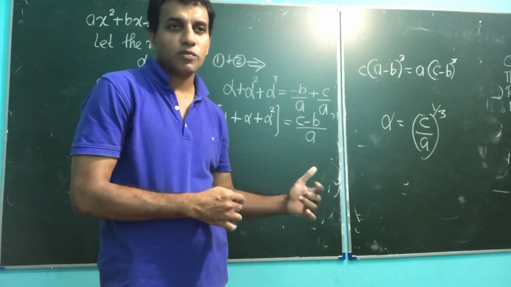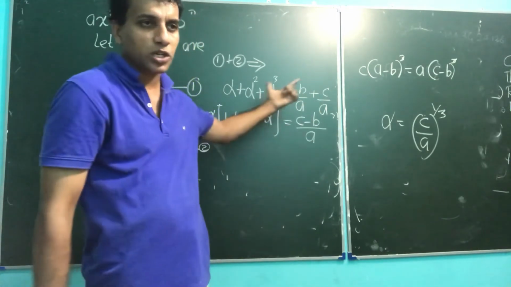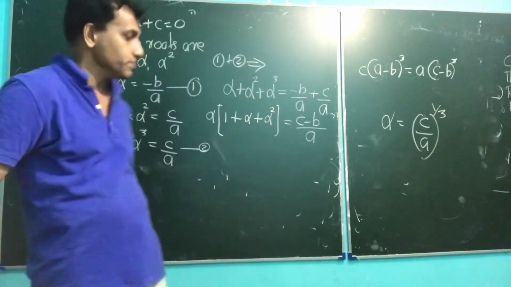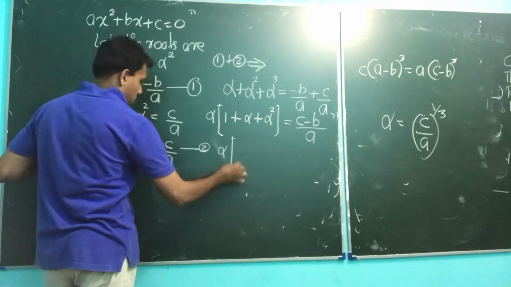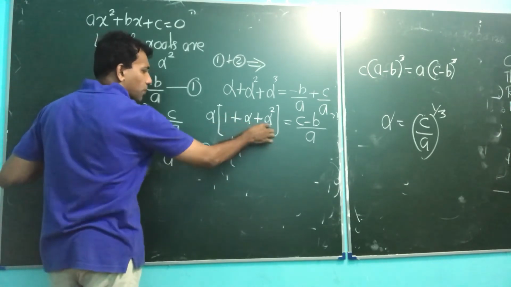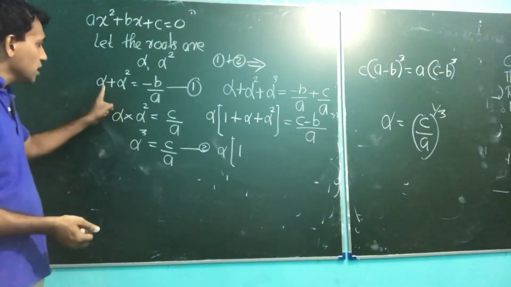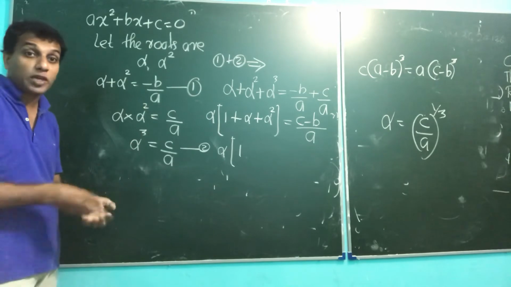See, in all the questions we found alpha. Then put that alpha once again in one of the equations. You have that expression. See here alpha. Here 1, 1, 1, 1. What is alpha plus alpha square? Minus B over A, right?